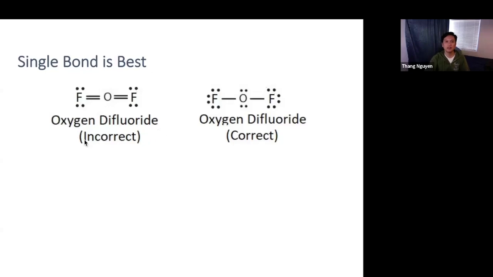So for example, here, oxygen difluoride, notice that the fluorine here has 8 electrons, oxygen has 8 electrons, this fluorine also has 8 electrons. So everybody's pretty happy, right? However, you can also make everybody happy with the octet if you just draw a single bond. Okay, so you don't have to invoke double bond. So don't invoke double bonds or triple bonds unless you really have to. If you don't have to, then a single bond will suffice.